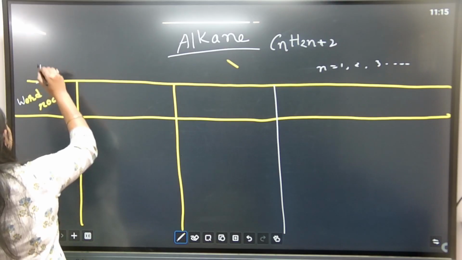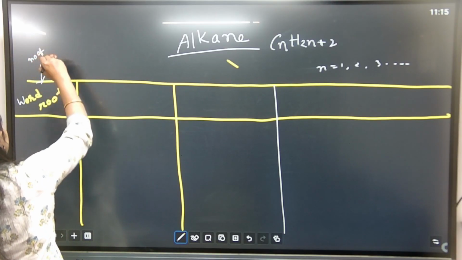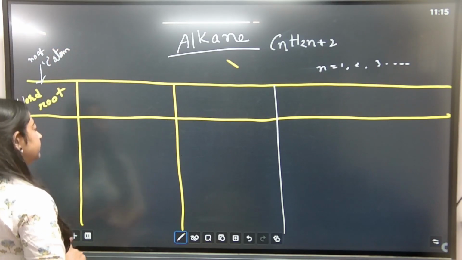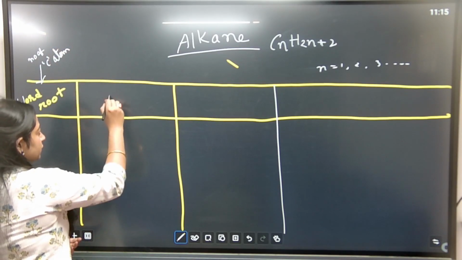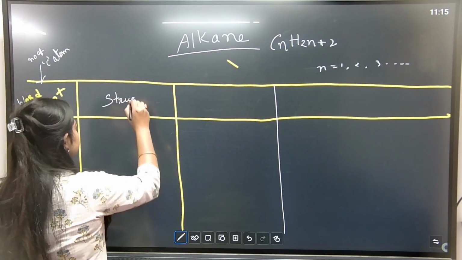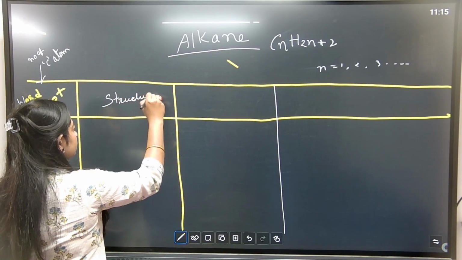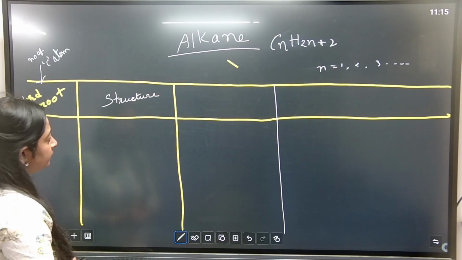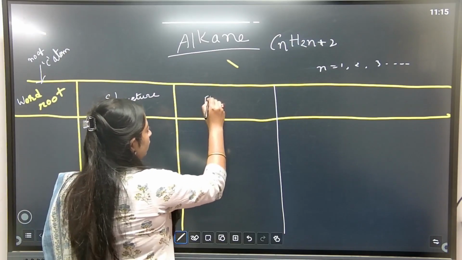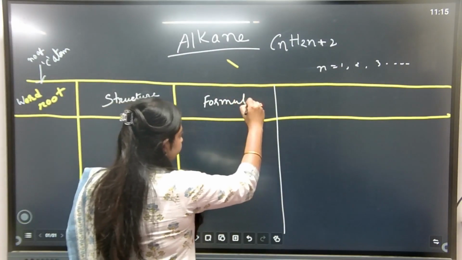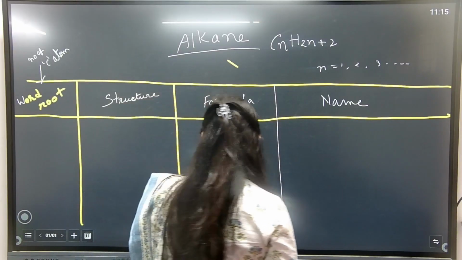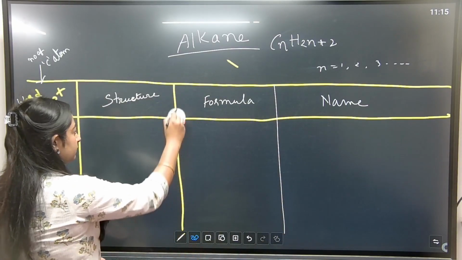Word root means number of carbon atoms. Next, structure, and formula, then name.